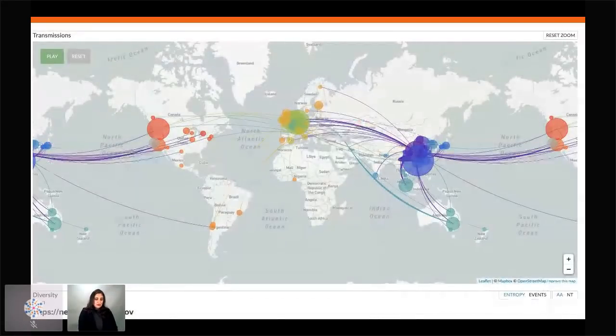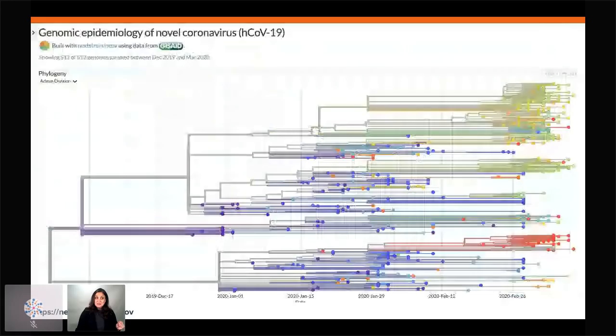Now, another kind of tracker is this one called nextstrain.org. And here you can look at all these different kinds of infectious diseases, different viruses, and how they've been moving around. And this purple cluster over here over China, that was the origin of this coronavirus in Wuhan. And you can see the streams of how the virus went to all these different geographical locations. Now, as the virus moved, it mutated.